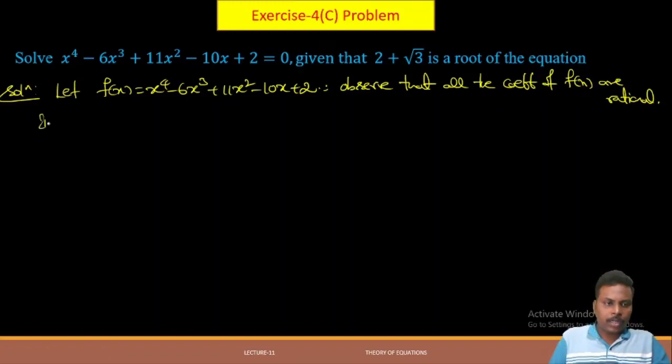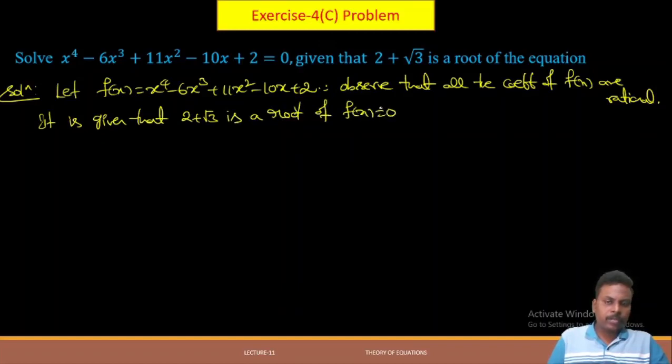It is given that 2 plus root 3 is a root of f of x is equal to 0.